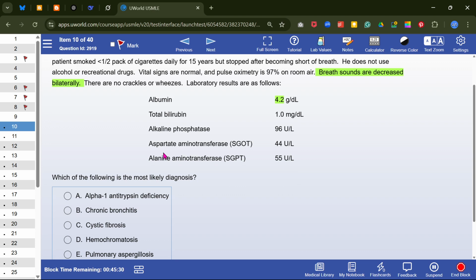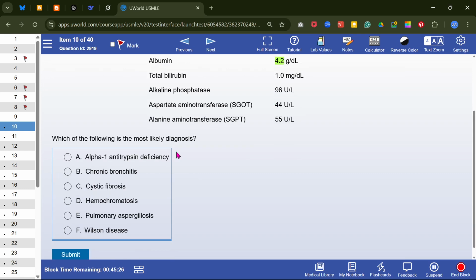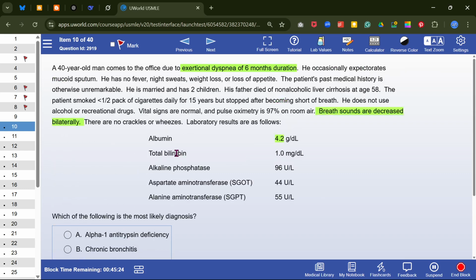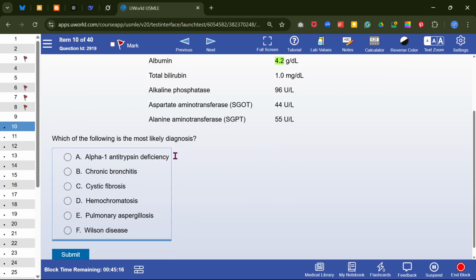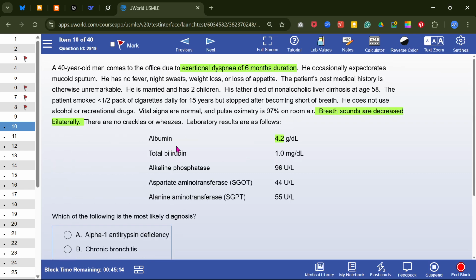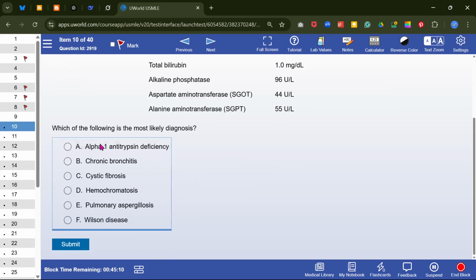Albumin is normal, bilirubin normal. Alk phos is normal, isn't it? Everything is normal. I don't think so.